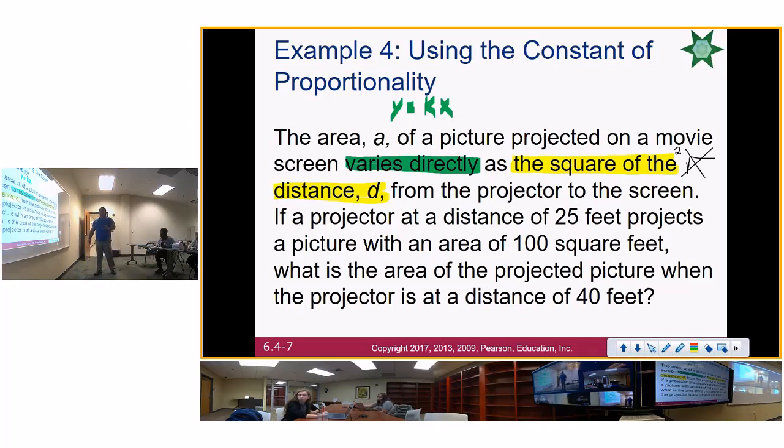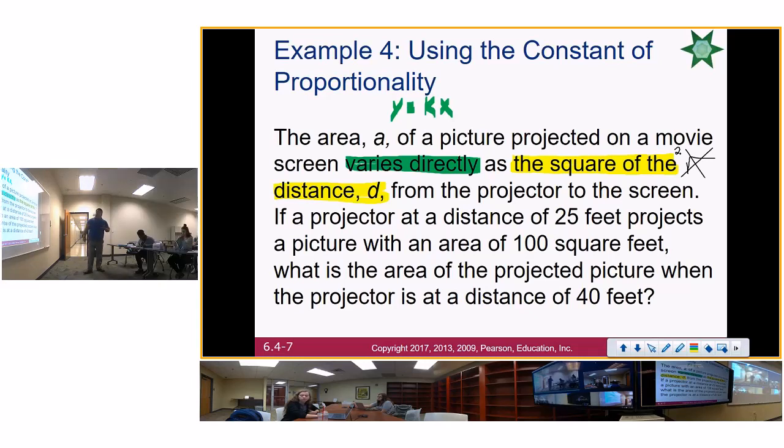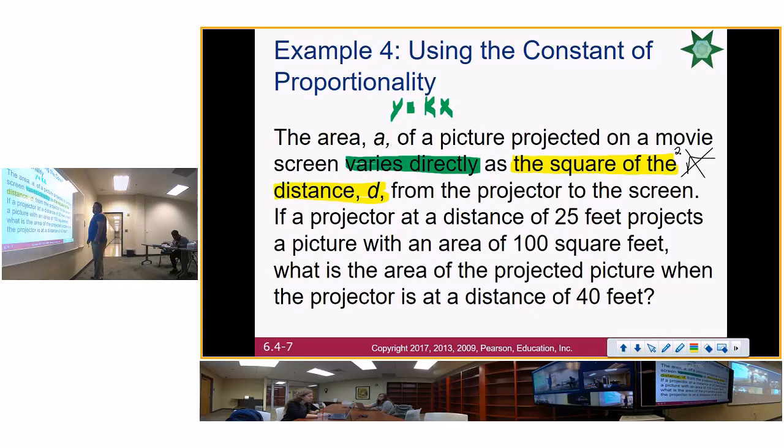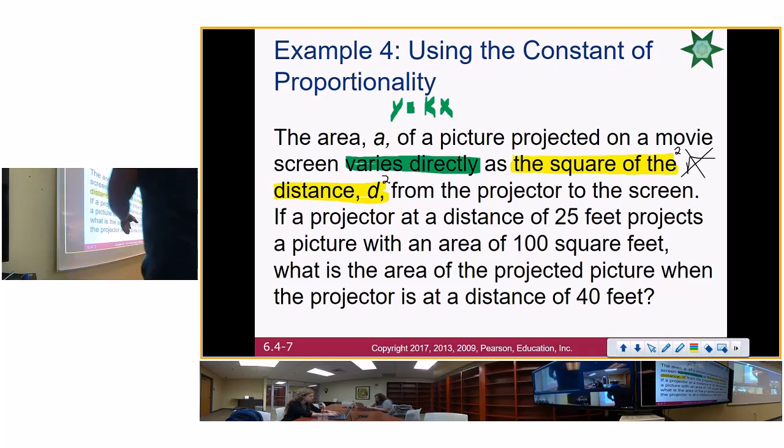So in 6.4, when you see those words, I want you to highlight those words, mark through the radical and put an exponent. So just right here, I'm going to take that D and put a square. Not a square root, but a square.